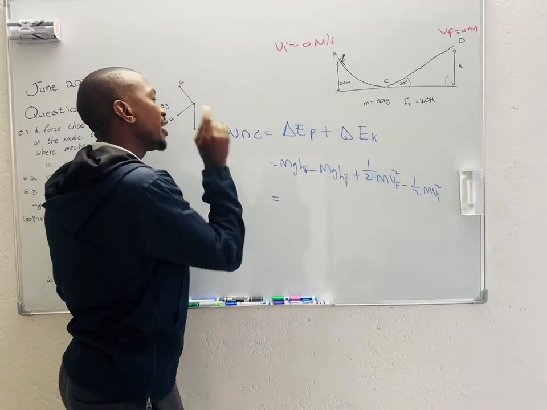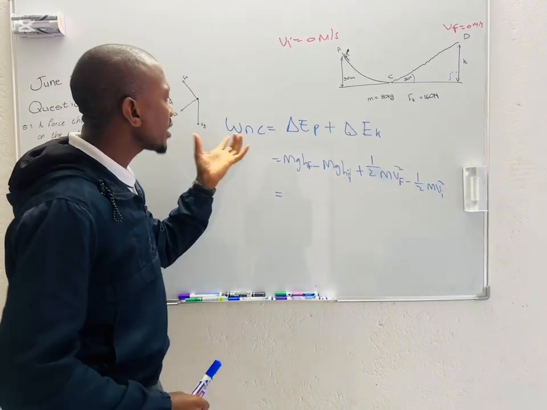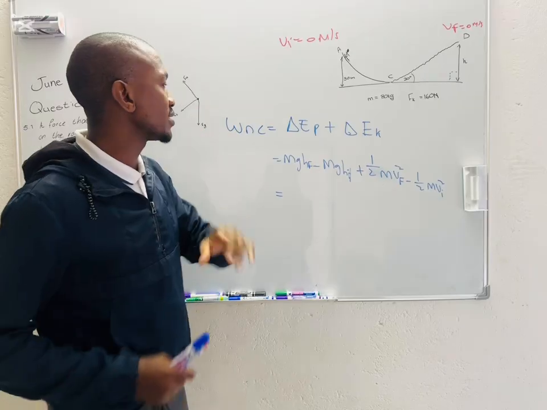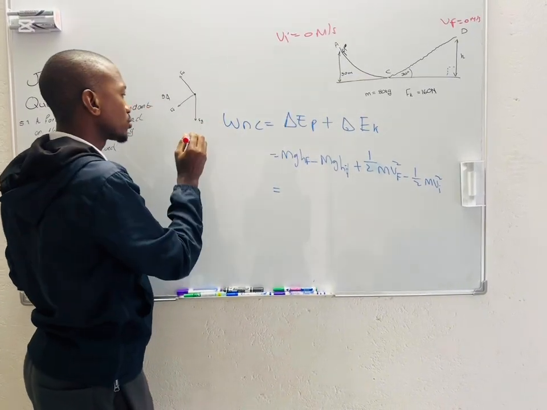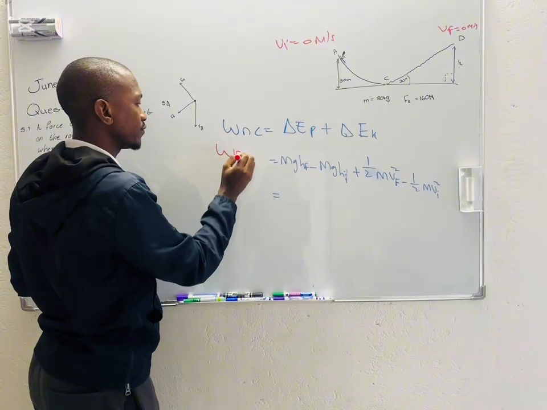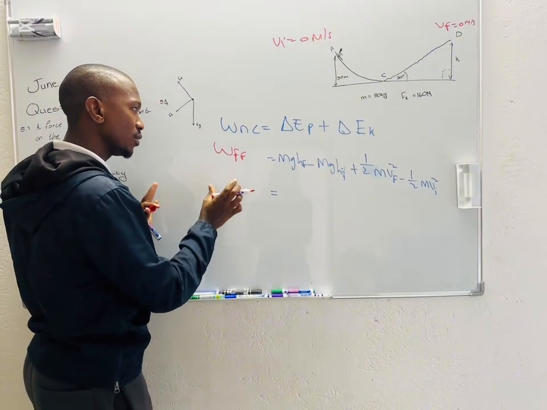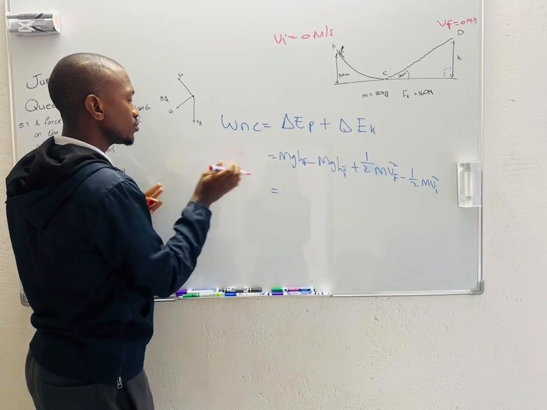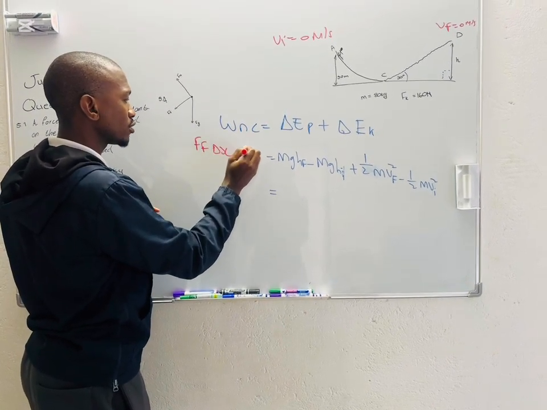But before that, I need to resolve the work done by the non-conservative force. The work done by the non-conservative force here is done by the frictional force. So we're going to have the work done by the frictional force in this case. If you want to write it nicely, you will say frictional force, change in displacement, cos of theta.